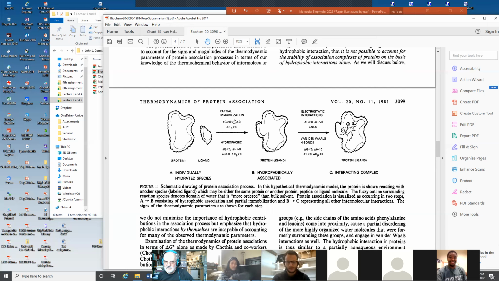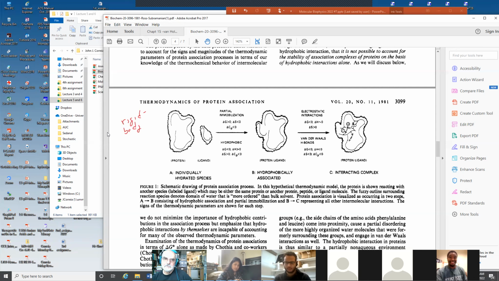This immobilization or loss of entropy initially is often referred to as rigid body association, okay? And the idea is that none of this stuff occurs. The conformational changes, the rearrangements are not what we're talking about.